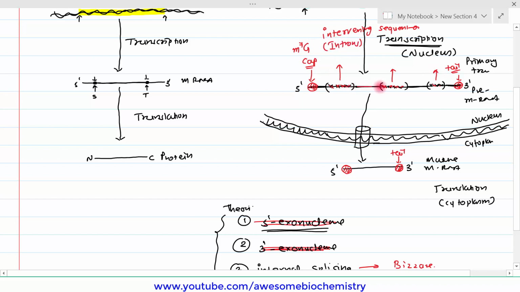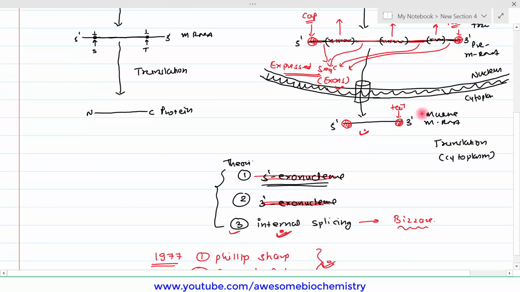Whereas this part which is being expressed is known as expressed sequence. So these and these are all the expressed sequences, and in short form they are known as exons. So remember, exons join together and make up the mature mRNA, whereas introns are removed, they are intervening sequences.